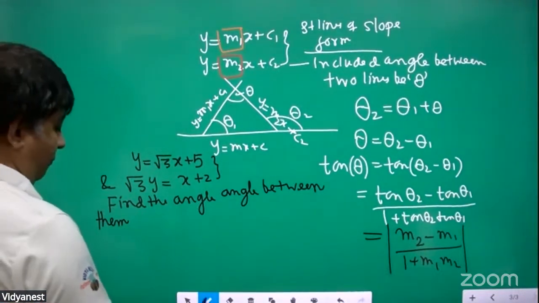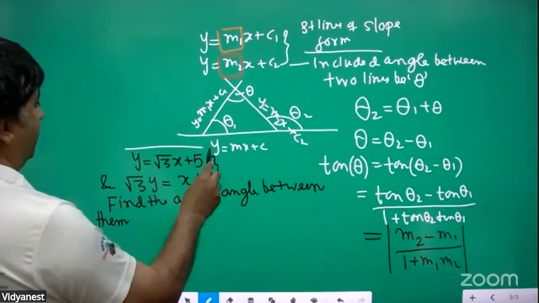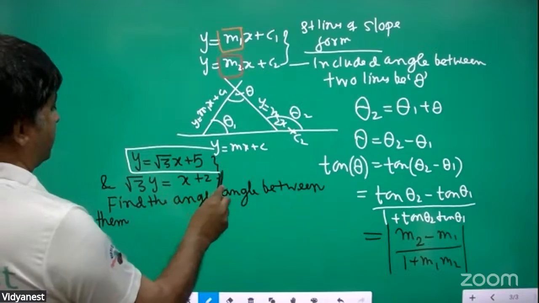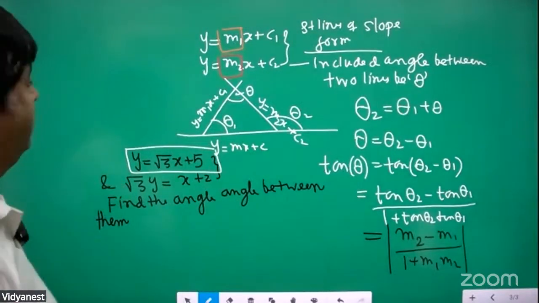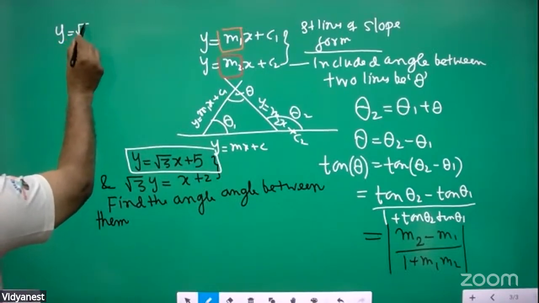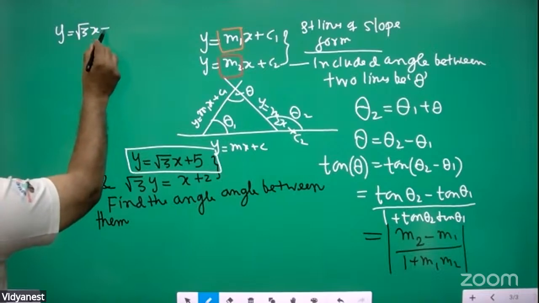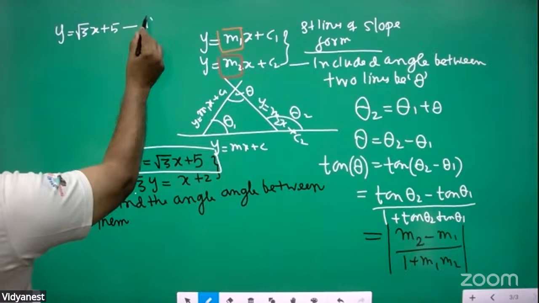The first line is already given in slope form. The second line, you have to convert into slope form. So y is equal to root 3x plus 5, that is equation number 1.